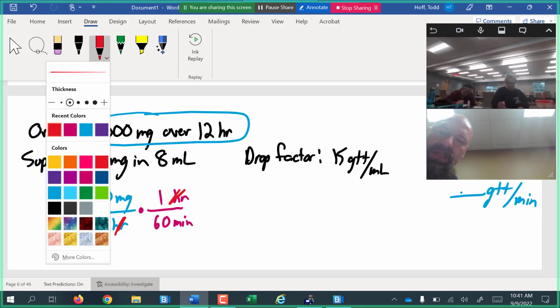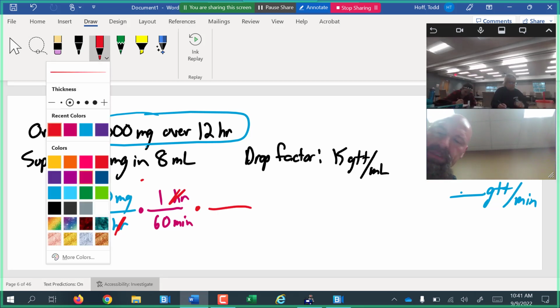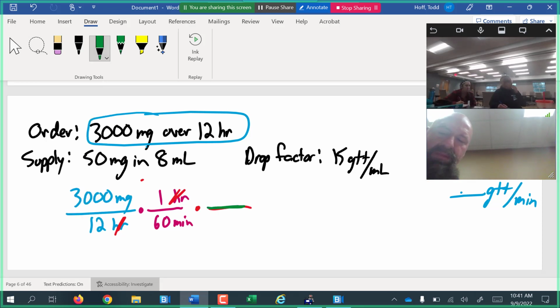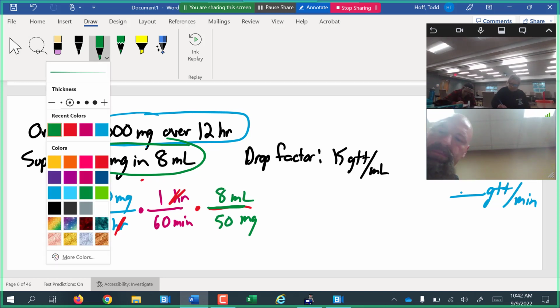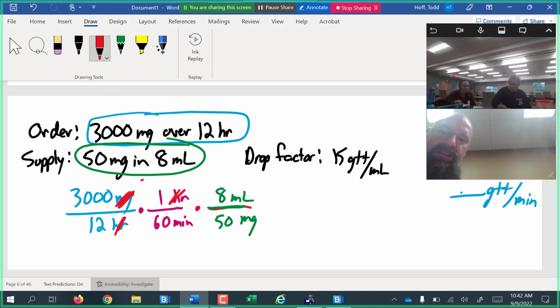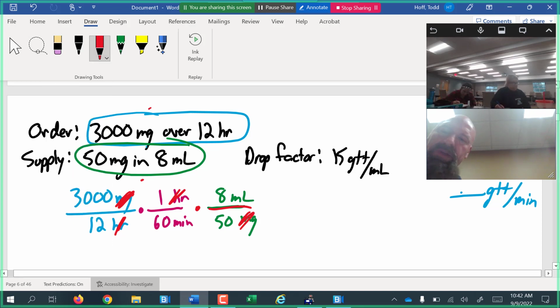To get rid of the milligrams, which are on top, we're going to put them on bottom here. Again, the label on our supply has 50 milligrams is equivalent to 8 milliliters. So the milligrams have canceled out, and right now, again, we have milliliters per minute.